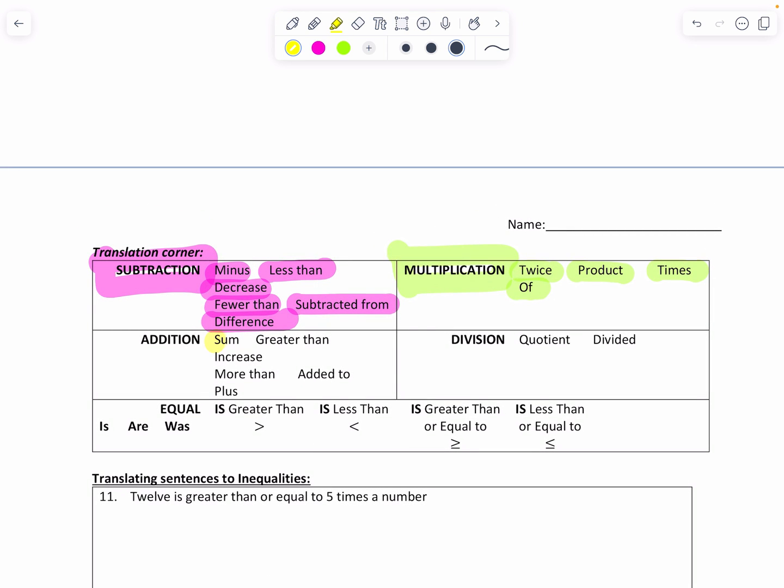Addition, words like sum, greater than, increased by, more than, added to, plus, that tells you addition. Division would be words like quotient or divided by. And then equal or is. Greater than, less than, all sorts of different translation things that we need to do, okay?